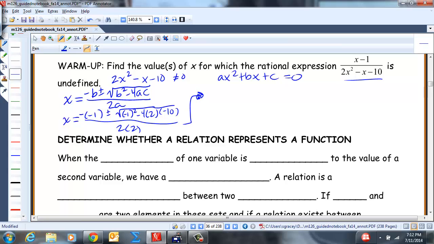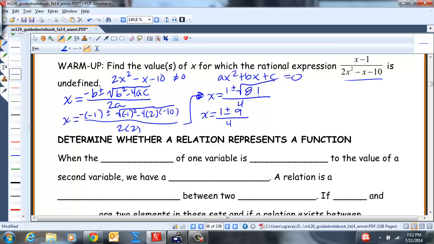And we will have x is equal to 1 plus or minus the square root of, so we have positive 1, minus a minus is plus, so 4 times 2 is 8, times 10 is 80. So we'll have 81 under the radical, all over 4. So x will be 1 plus or minus 9 over 4.